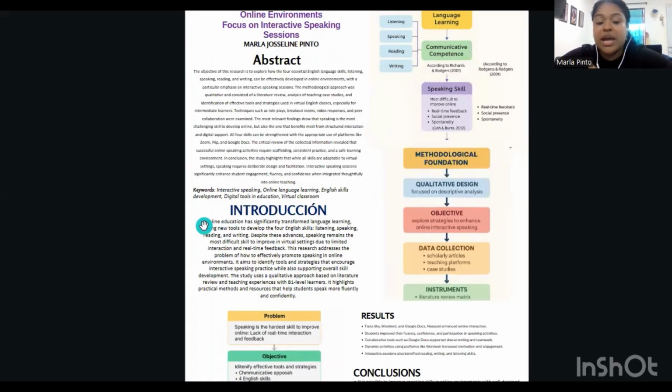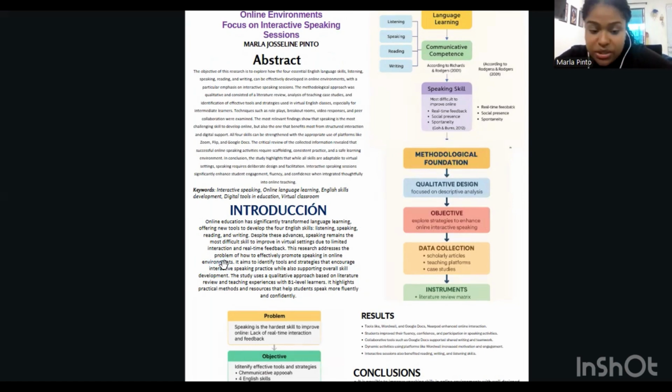Online education in this context has significantly transformed language learning, offering new tools to develop the four English skills: listening, speaking, reading, and writing. Despite these advances, speaking remains the most difficult skill to improve in virtual settings due to limited interaction and real-time feedback.